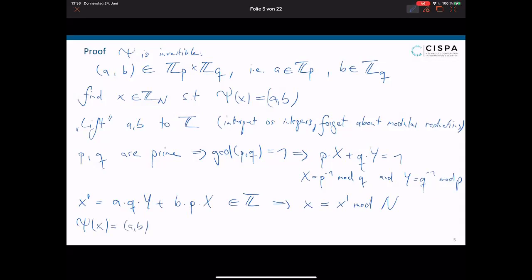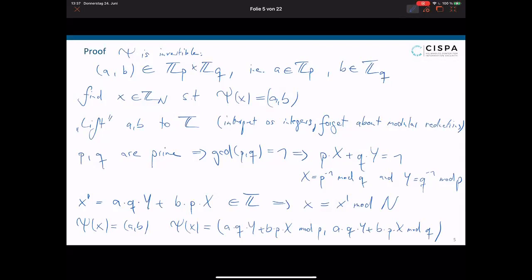So all we have to do now is to check whether psi of x equals (a, b). Let's do that. Psi of x is, well, here we have a times Q times y plus b times P times x modulo P, and here we have this a times Q times y plus b times P times x modulo Q, and I'm again running out of space.